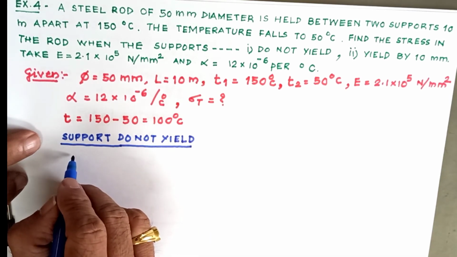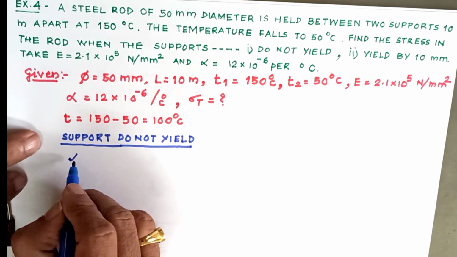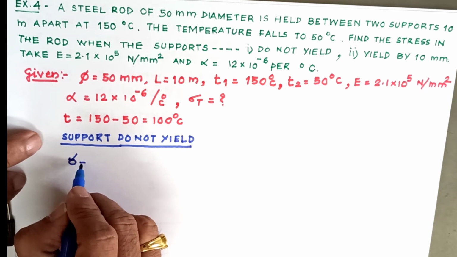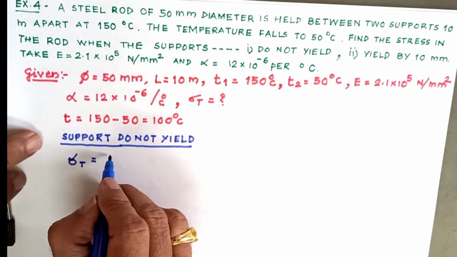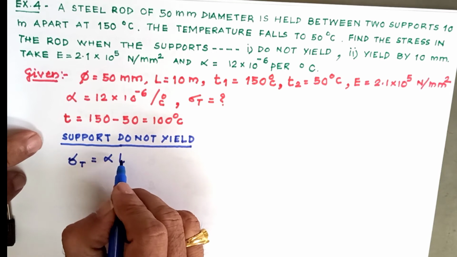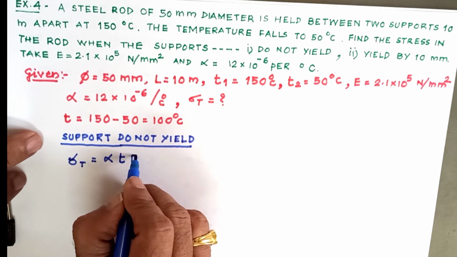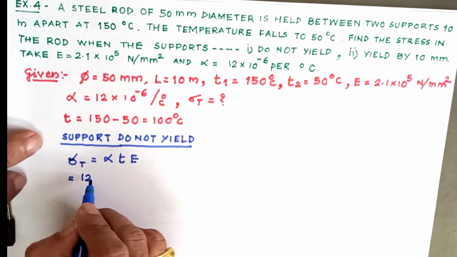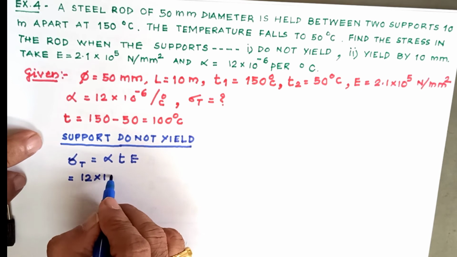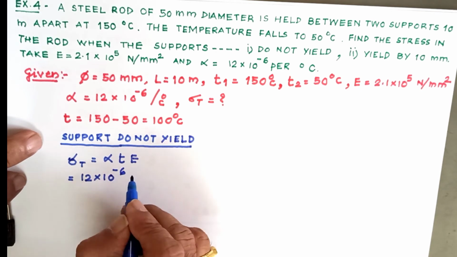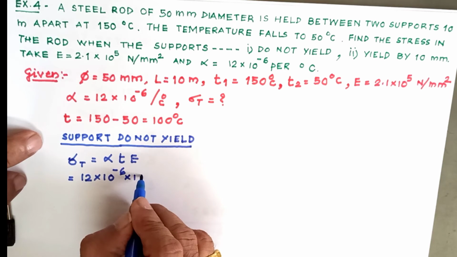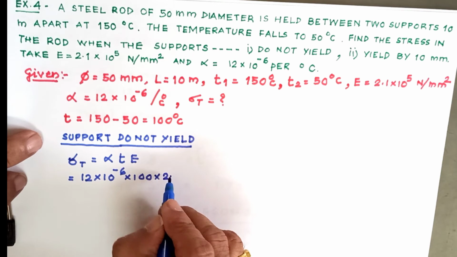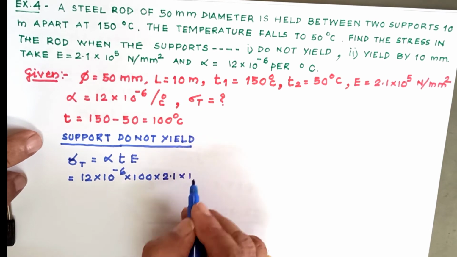Therefore, here we can say thermal stress sigma T is equal to alpha into T into E, which is equal to alpha is 12 into 10 to the power minus 6, T is 100, and E is 2.1 into 10 to the power 5.